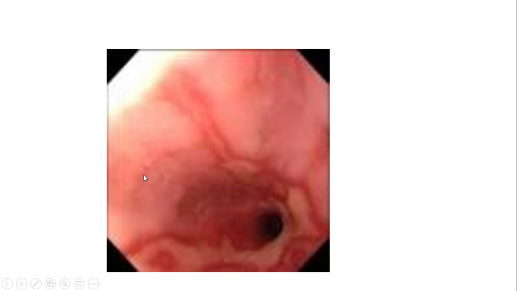Endoscopy picture showed hyperemia in the lower esophagus with red velvety mucosa. The pale gray areas are the remnant of the squamous epithelium, whereas the reddish velvety areas are foci of glandular metaplasia, that is Barrett's esophagus or Barrett's esophagitis.